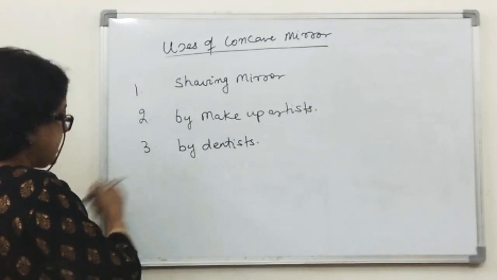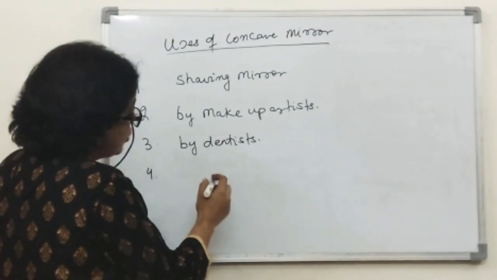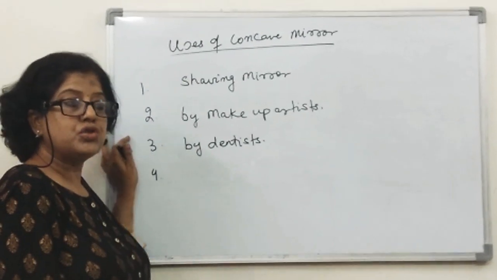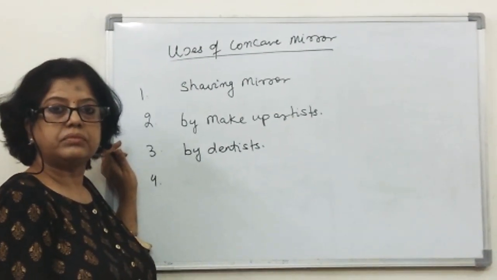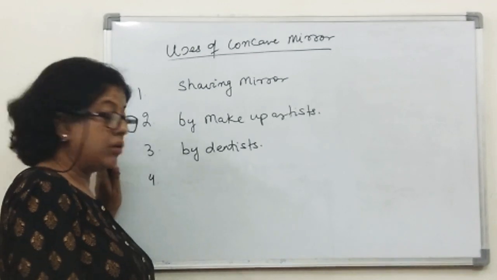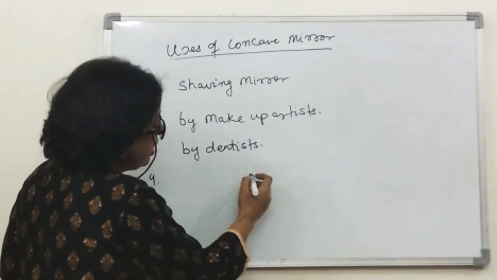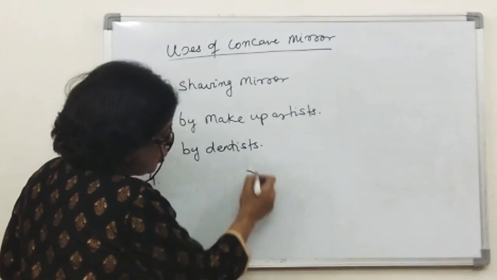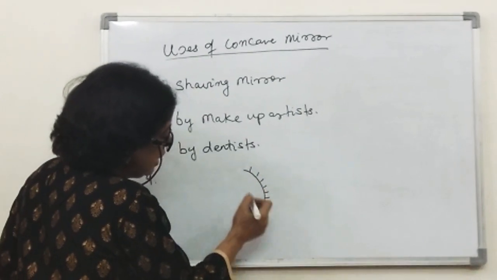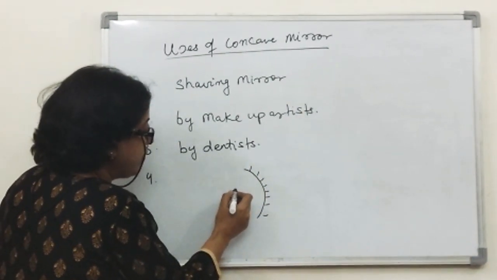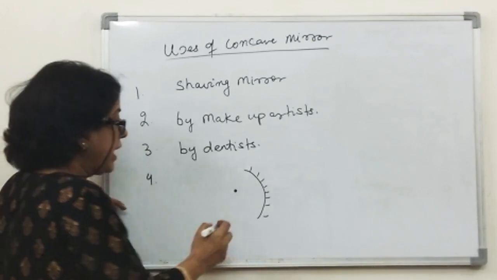Right? What else? Now, fourth, a concave mirror is also used in torches and car headlights. How and why? Let's discuss that. In car headlights, there is a concave reflector, and at the focus of the concave reflector, we place the source of light, or a bulb.